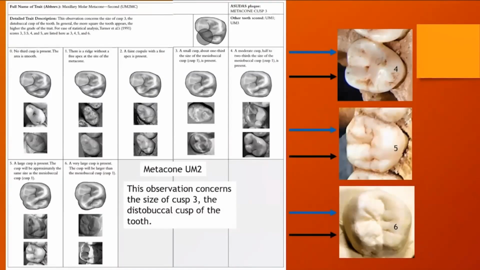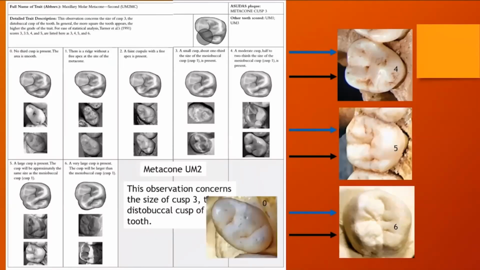And here they're approximately the same size, marked as number 5. And then with number 6, it's actually a little bit larger. And in general, what we find as far as population variation is that European and European-derived populations tend to have simpler teeth, so lower scores of everything that we're going to be talking about.